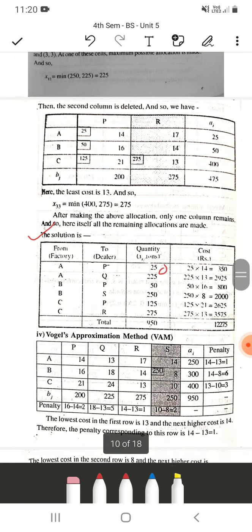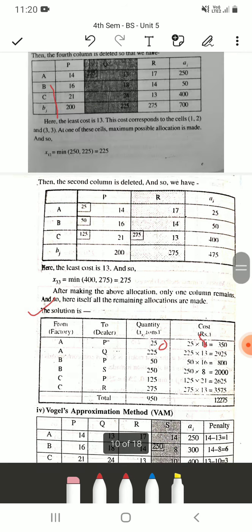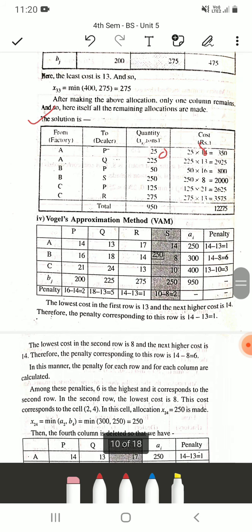So there is some typing mistake, so it is 250 into 8. Then the next allocation is made from A to Q with 225 tons, so it is 225 into 13, and so on, and add the values, you get the total cost.